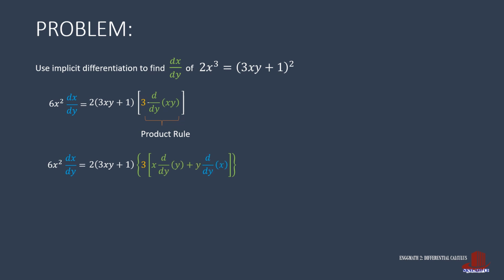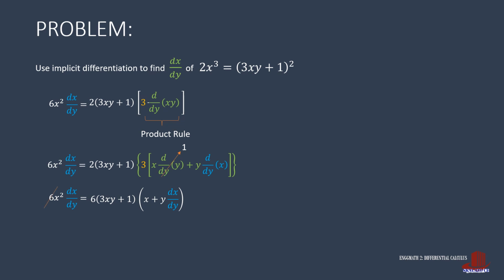That's with a group of 3 times the first term x with the derivative of the second term y, plus the second term y with the derivative of the first term x. The part with dy upon dy can be reduced to 1, making 6x squared equal to 6 times the binomial with another binomial of x plus y with dx over dy.